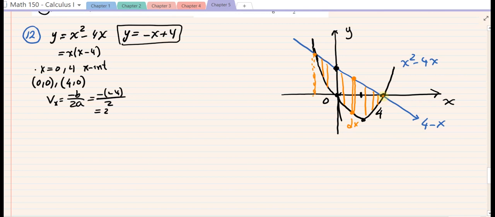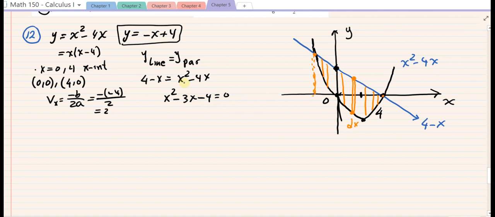Now to find the point of intersection of the parabola and the line, we set y for line equal to y for the parabola. In other words, we go 4 minus x equals x squared minus 4x. Move x to the other side, it becomes positive, so that's x squared minus 3x minus 4 equals 0. Right.